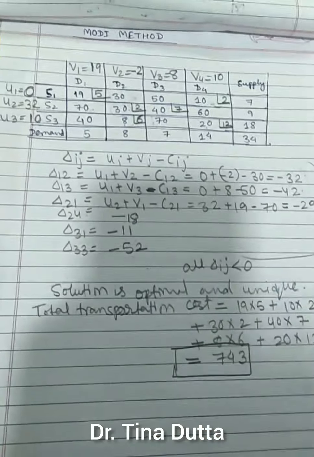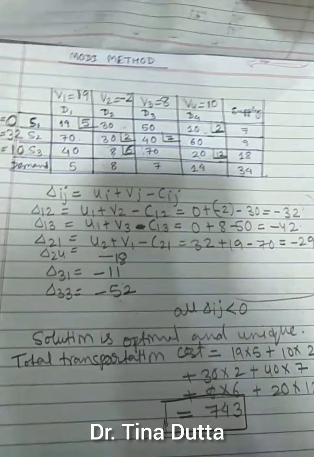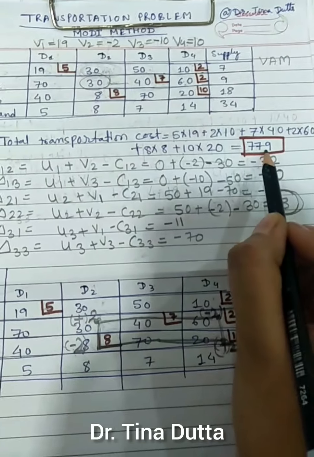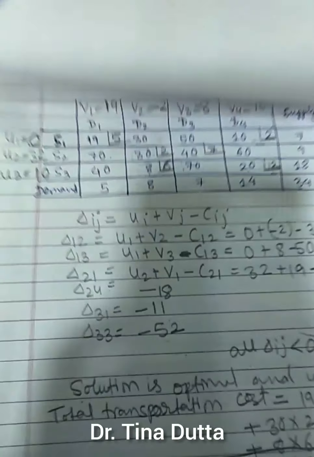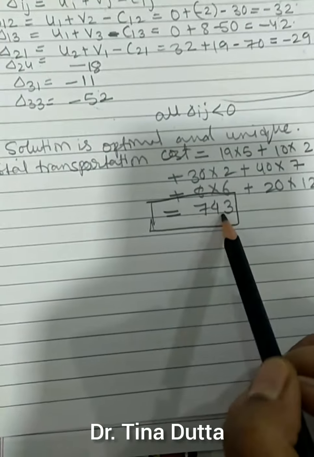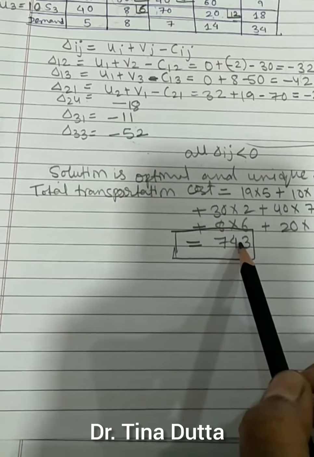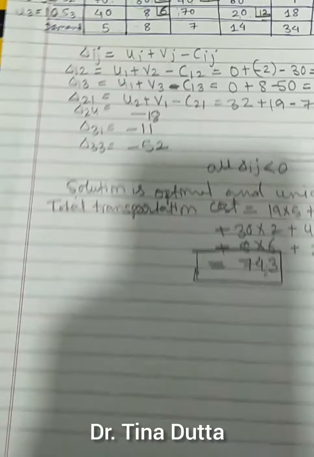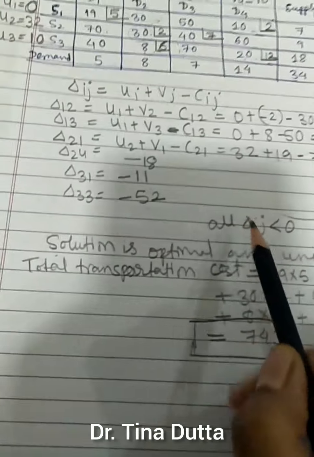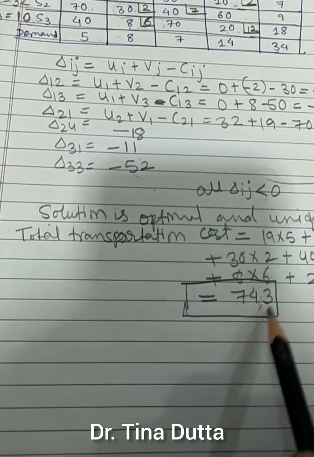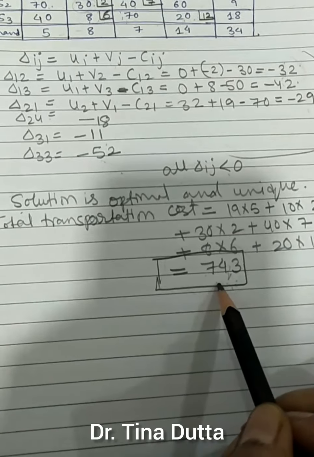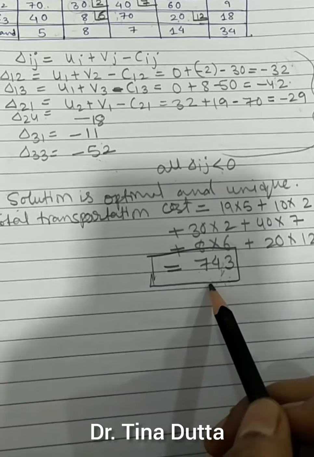743. Earlier, for the initial solution, the transportation cost was 779, and now the transportation cost is 743. That means by using this modified distribution method, we are able to reduce the transportation cost. And because all the delta ij's are negative, this is the minimum transportation cost. It cannot be further reduced. This is the ideal, or you can say best, optimal solution.